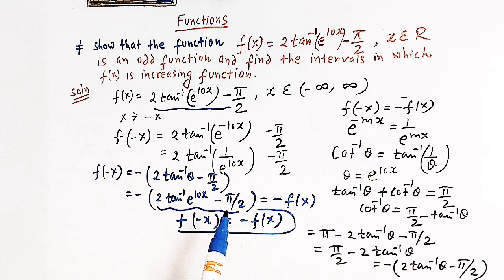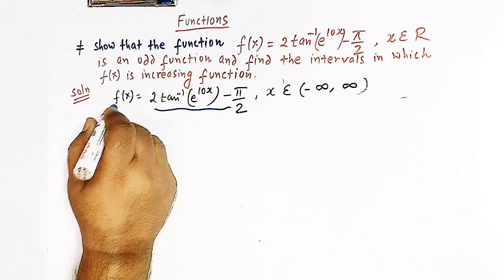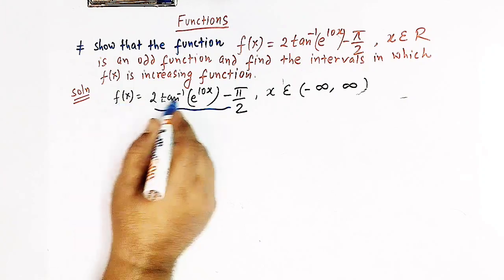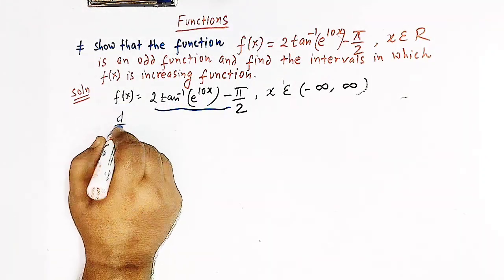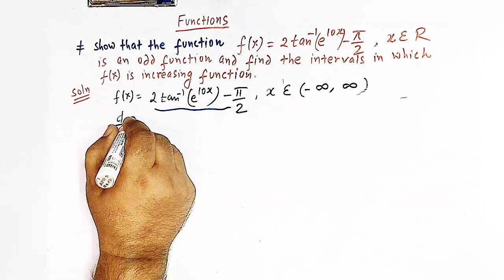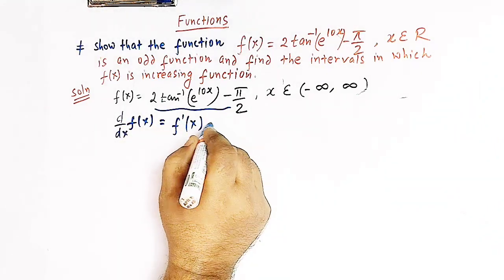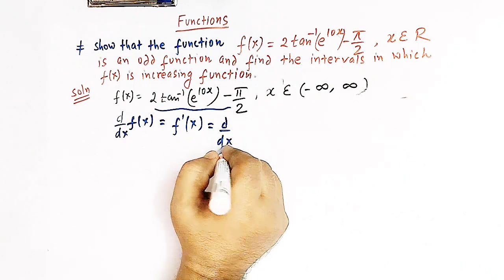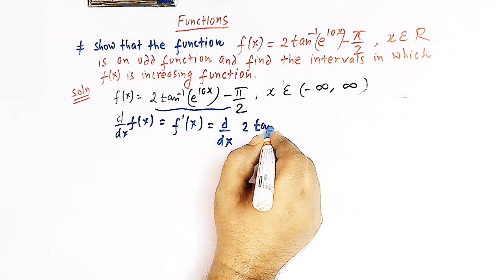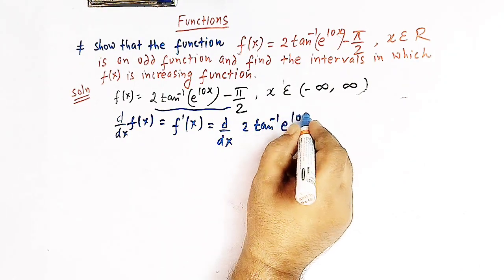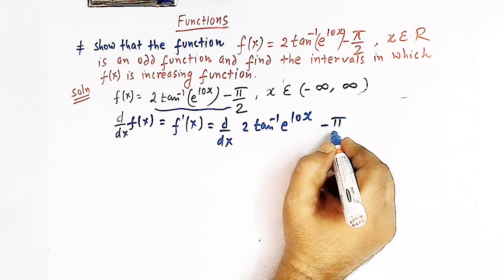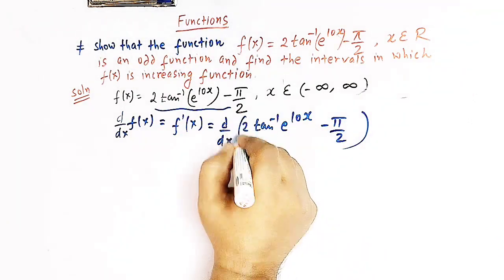Now let us see the interval in which this function f of x is an increasing function. So now let us differentiate f of x with respect to x. So d by dx of f of x is equal to f prime of x, that is d by dx of 2 times tan inverse e raised to 10x, and here we have minus pi by 2, right?